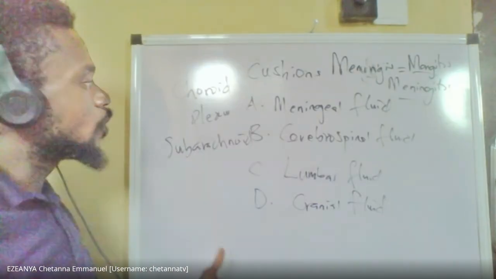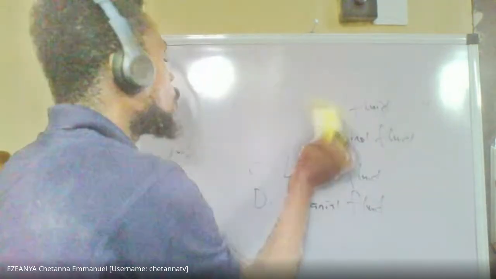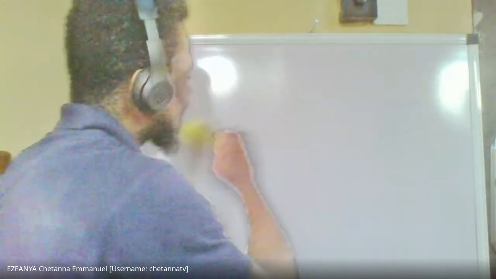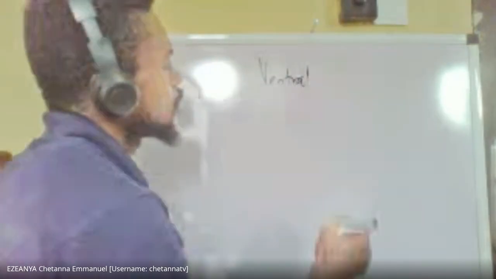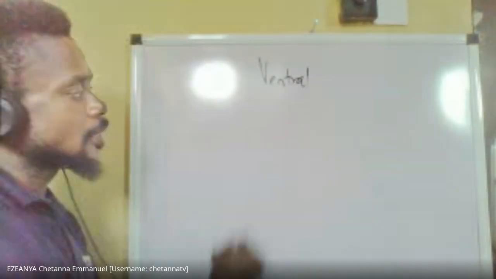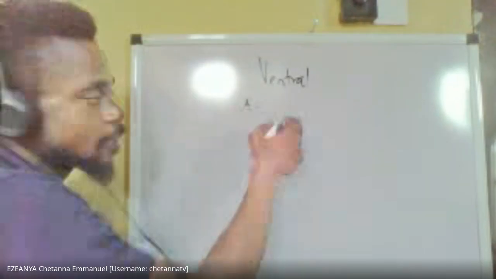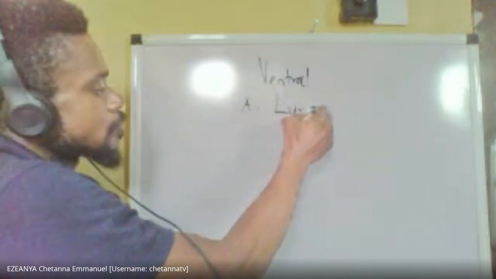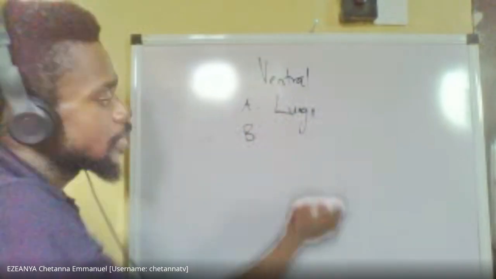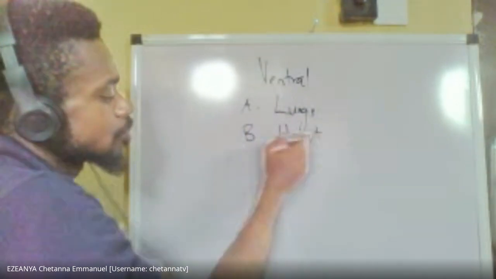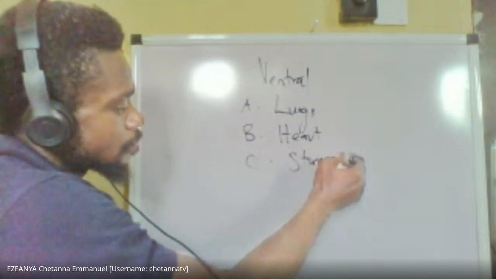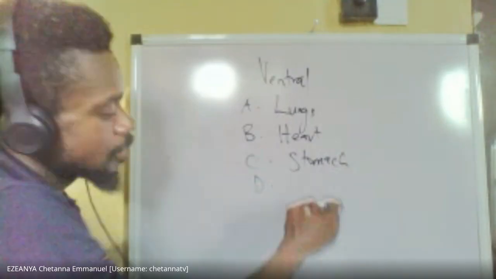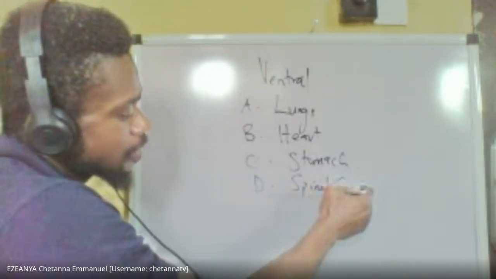A. Lungs. B. Heart. C. Stomach. D. Spinal cord.